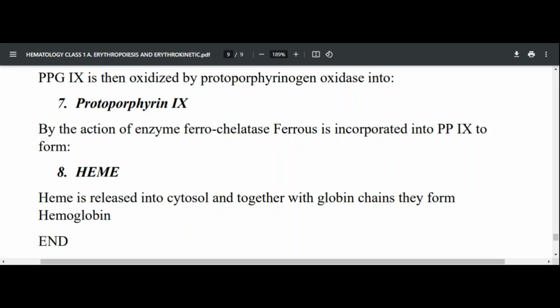So which means that heme is produced in various steps, from cytosol to mitochondria, back and forth, and then finally assembly of hemoglobin will happen in the cytoplasm. Very important, there's one point I want to mention.